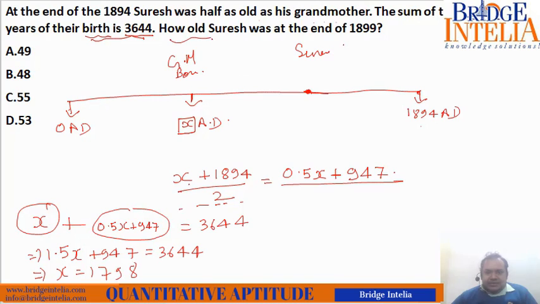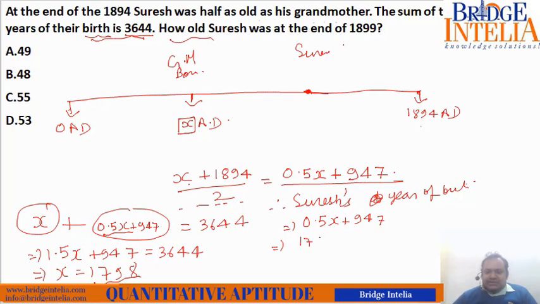So what is Suresh's age? Suresh's year of birth we can determine. So x came out to be equal to 1798. Based on that, Suresh's year of birth is 0.5x plus 947.